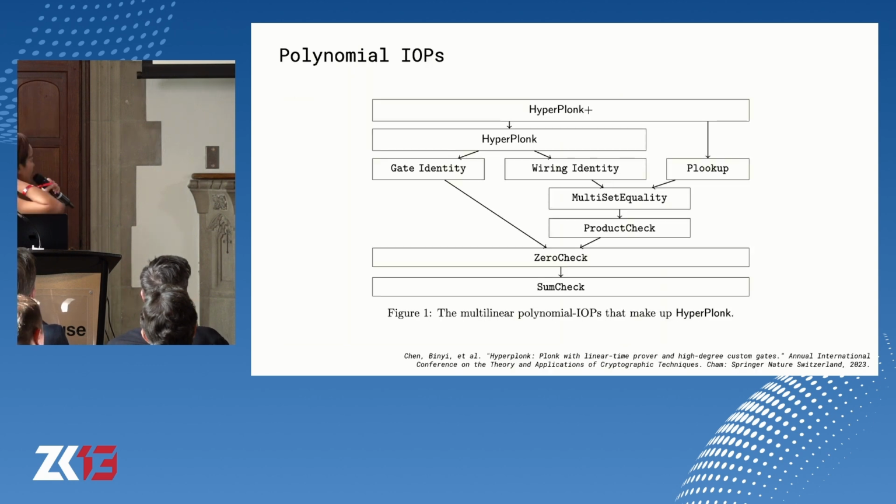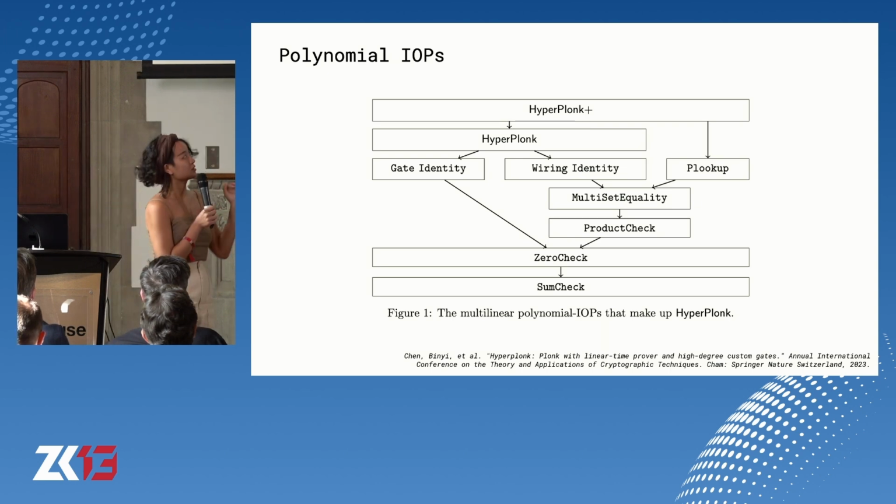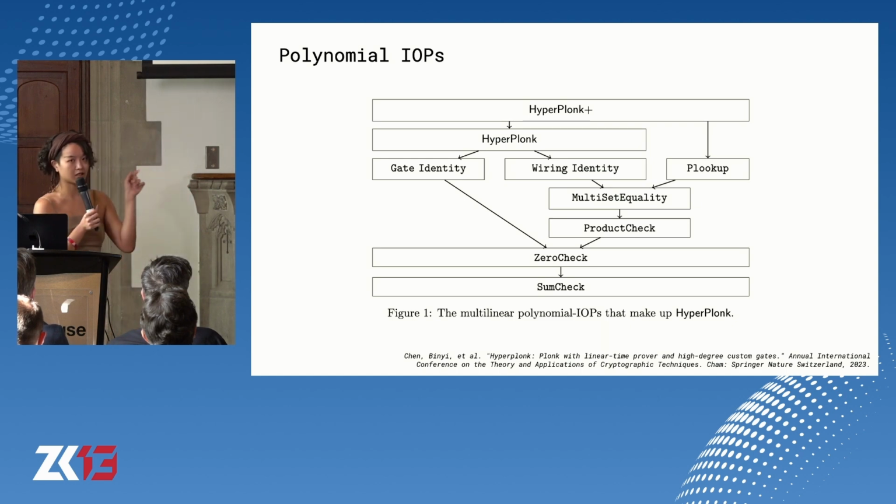At the IOP level, this is an example of a protocol that composes IOPs in parallel and in series and reduces them to a zero check. Many of our protocols do look like this. And so a standard for IOPs should be flexible enough to allow composition like this.